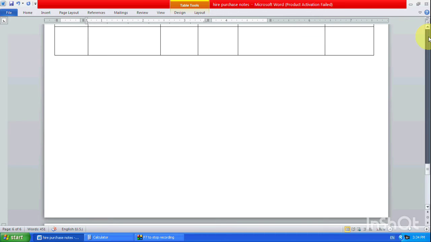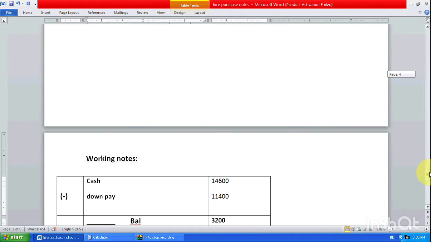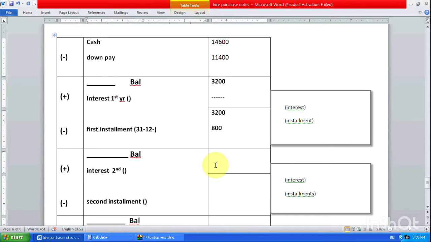Now we have to close. We are starting from 1st July 2000, so for 6 months, 31st December 2000. Now let's calculate the interest and installment: how much interest we are paying and how much installment.